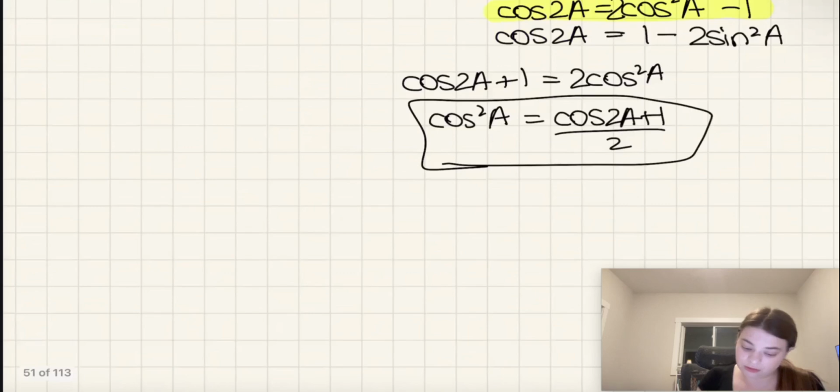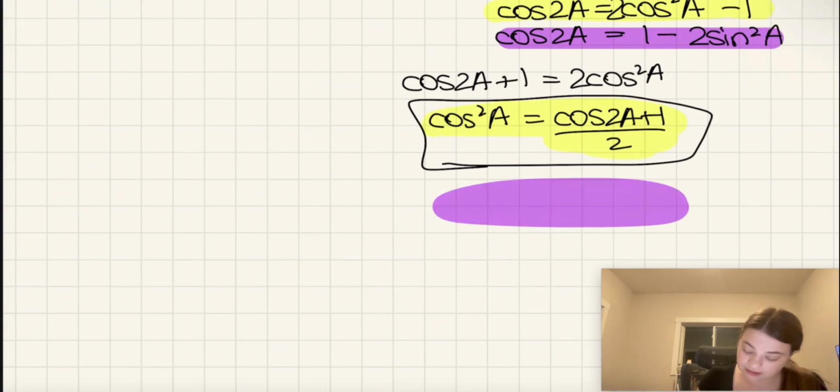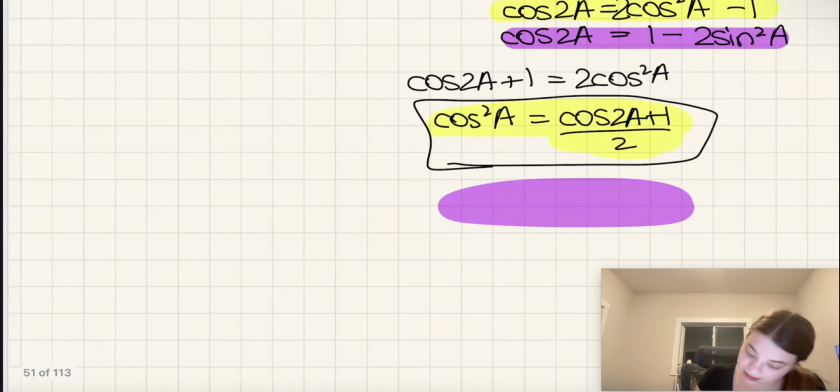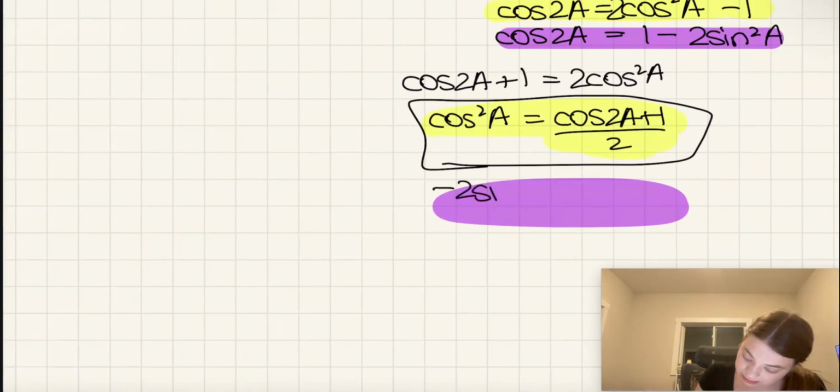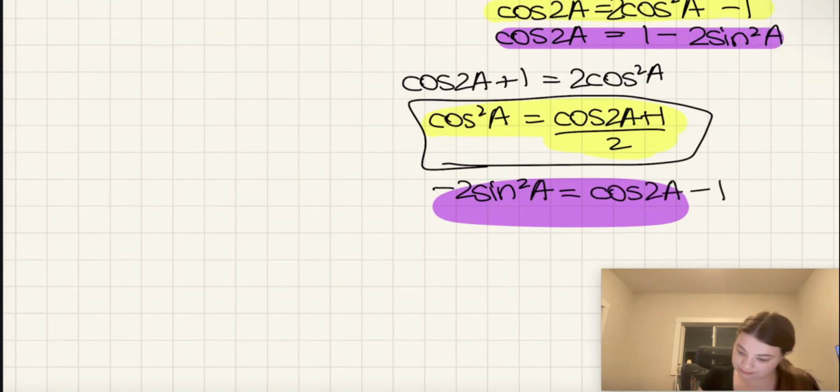Now we're going to do this one next. For this one here, the purple one, if we add 1 to both sides, we get that negative 2 sine squared a is equal to cos 2a minus 1.